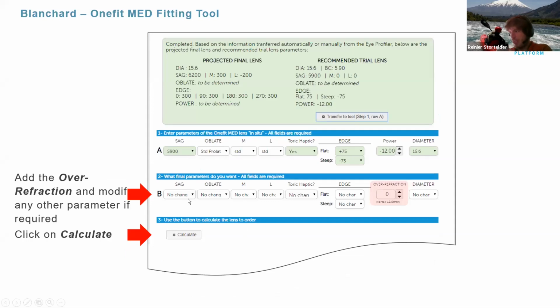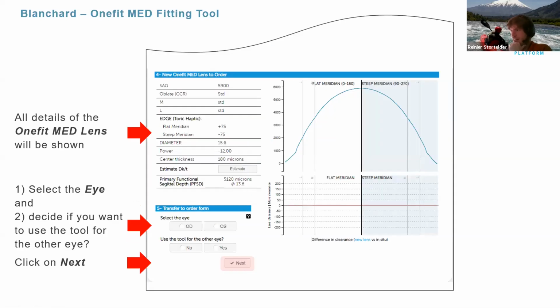Down here, you can play around if you do not want to go with the ESP prediction, but change the SAG or whatever value you like. You can hit calculate again, and the changes are made to the ordered lens. Here is a graphical representation of the lens as well. You have to select OD or OS, although that will be automated as well.